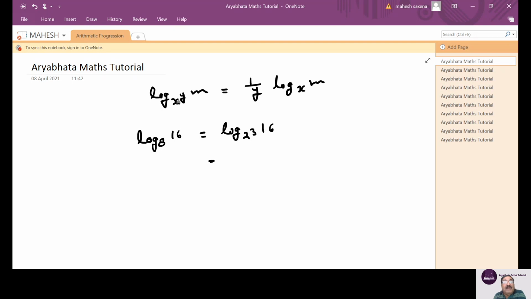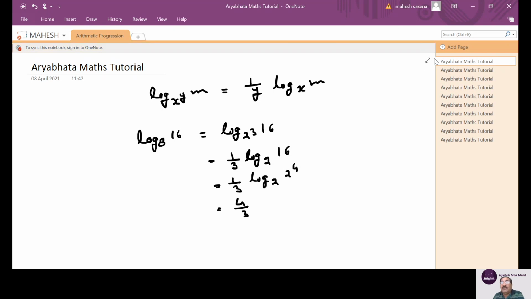Now by this property, for x to the power y we write 1/y, therefore we will write it as 1/3 log base 2 of 16. Therefore it equals 1/3 log base 2 of 2 to the power 4. Therefore it will be 4/3.